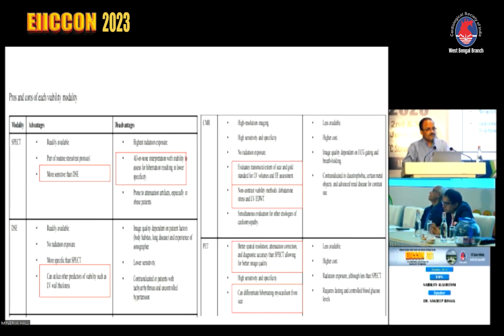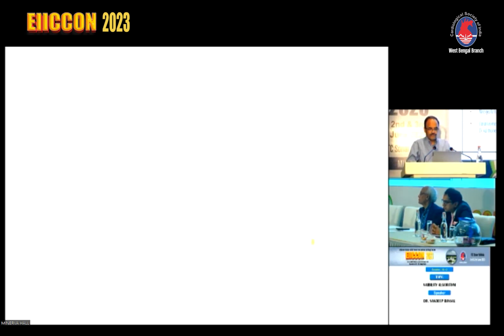Dobutamine stress echo can use both the thickness, because we do a resting echo, so it can use both the predictors of thickness as well as contractile reserve. Cardiac magnetic resonance imaging uses the wall thickness as the most important criterion, and the PET scan, as I said, uses the viability.